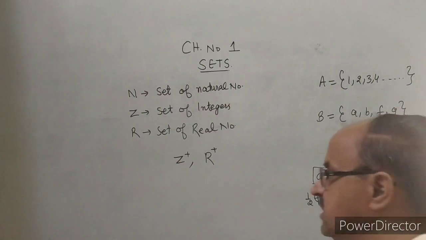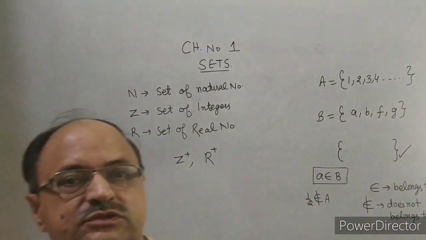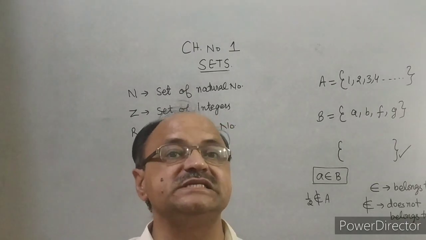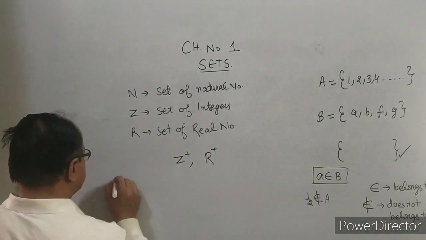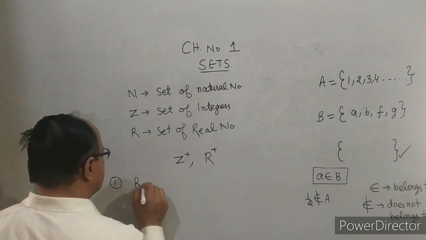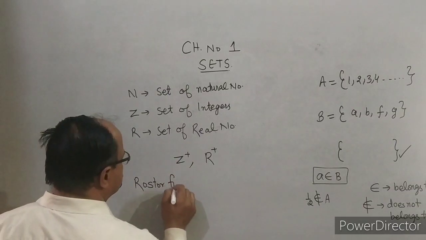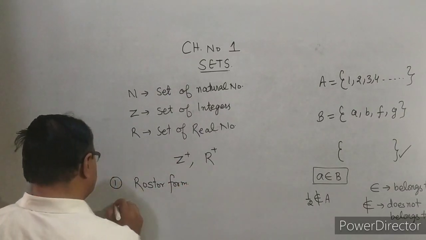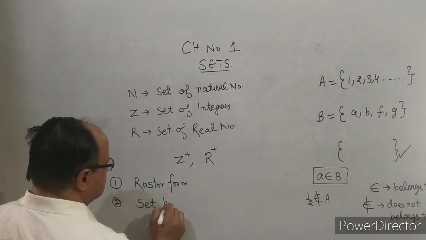Clear? There are two methods of representing sets. Number one, roster form. And the second is set builder form.